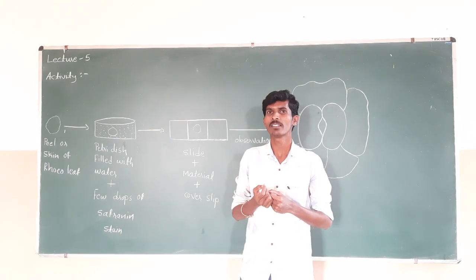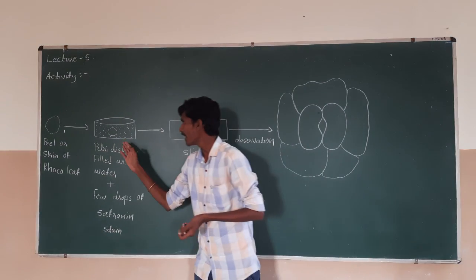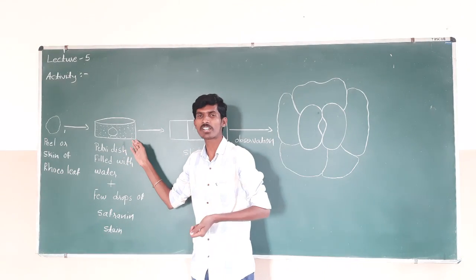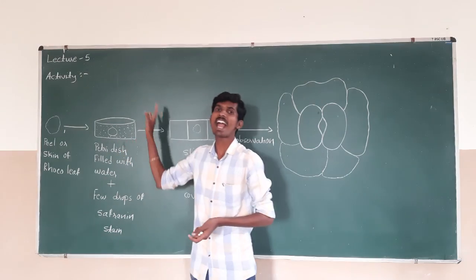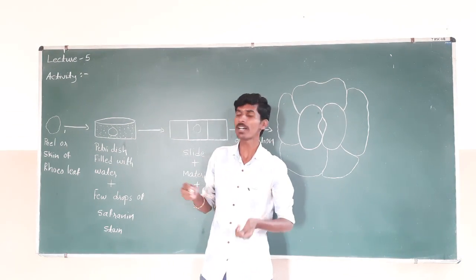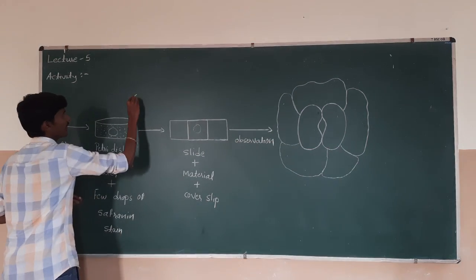Remove the peel and put it in a petri dish filled with water, and add a few drops of safranin stain.